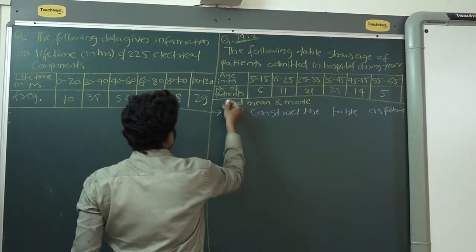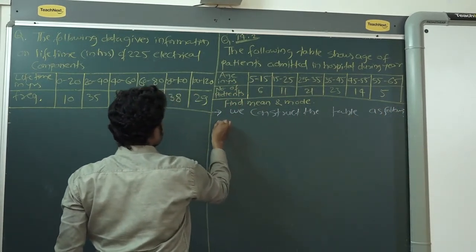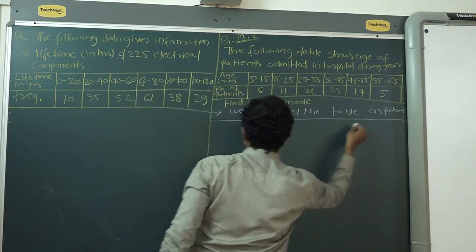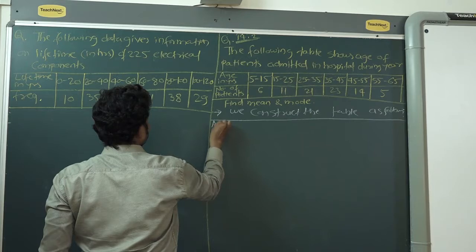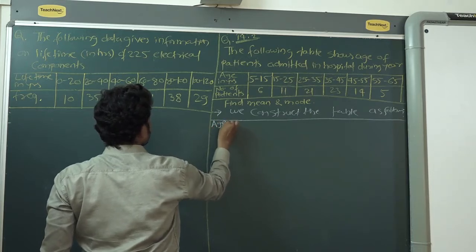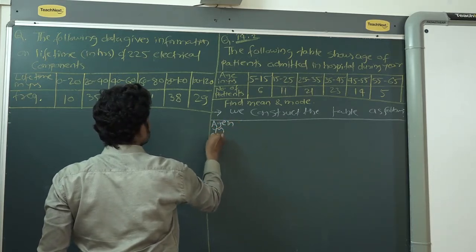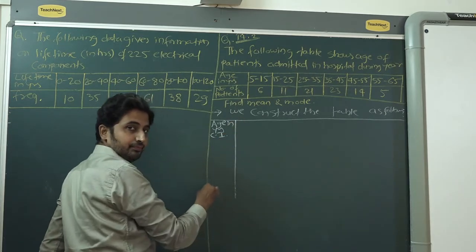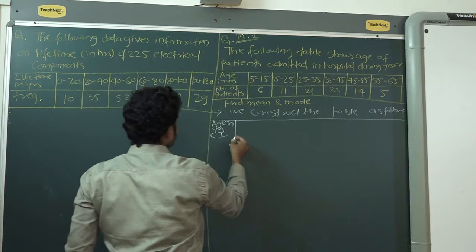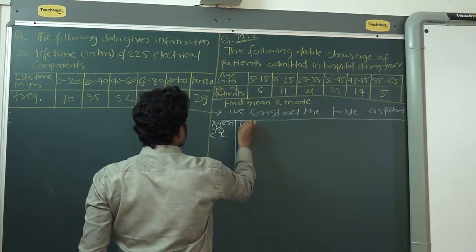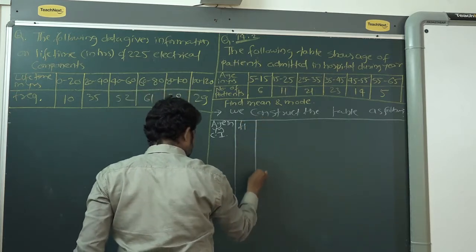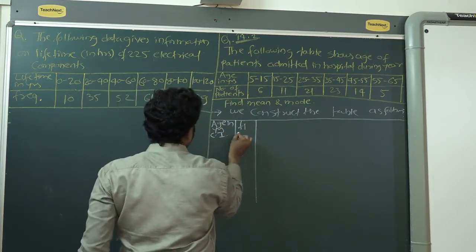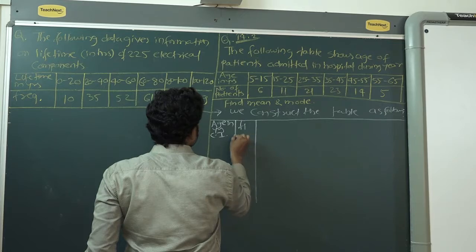First, age in years, that is, we call this the class interval. Then we have the corresponding frequencies, that is, the number of patients. In the next column, we call this the frequency, the number of patients.